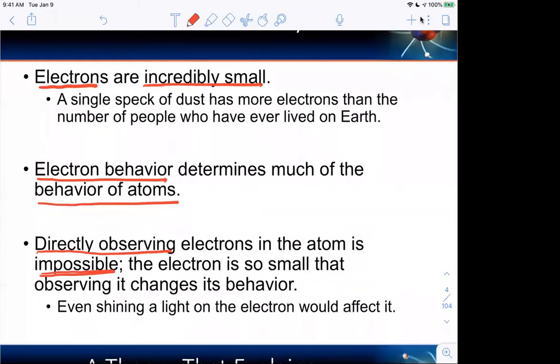The electron is so small that just the act of observing it, if I was shining a light on the electron, it would affect its behavior. Now this is quite a conundrum, because now we have to really think outside the box and try to figure out how I can write this new set of rules for these incredibly small particles.